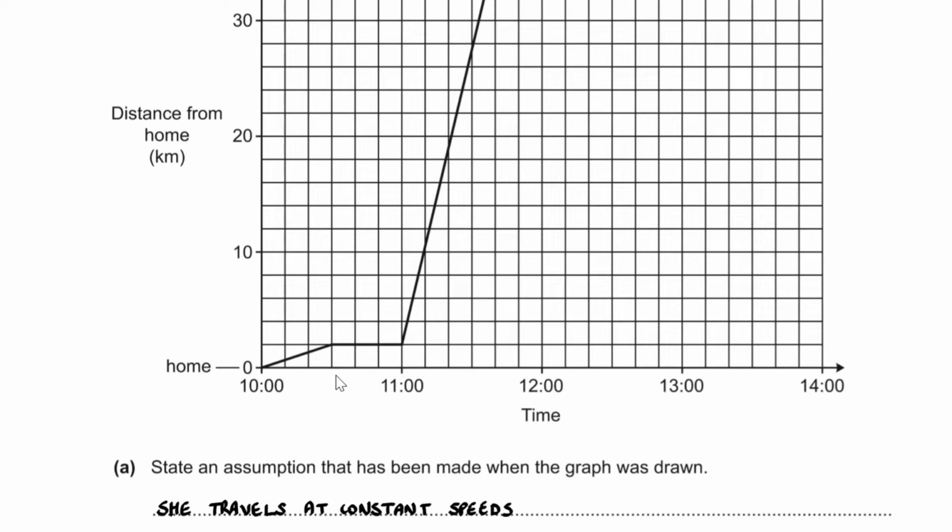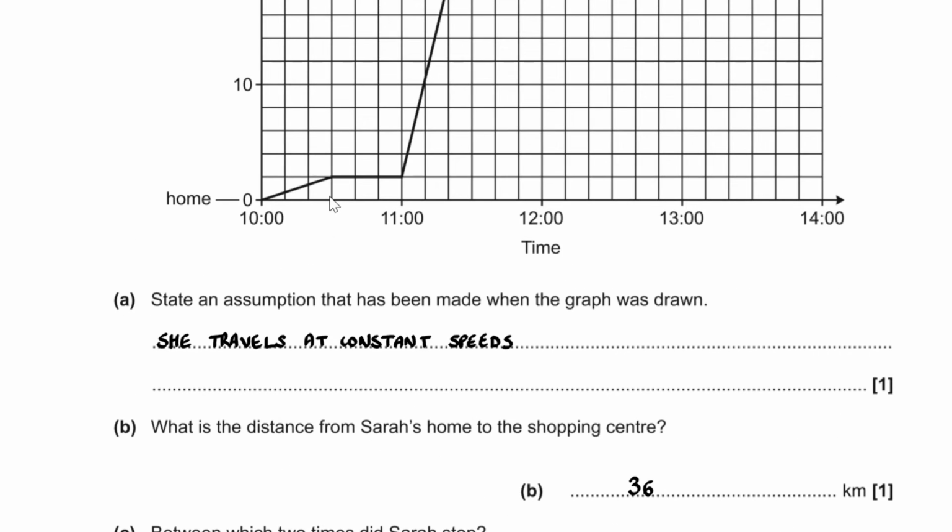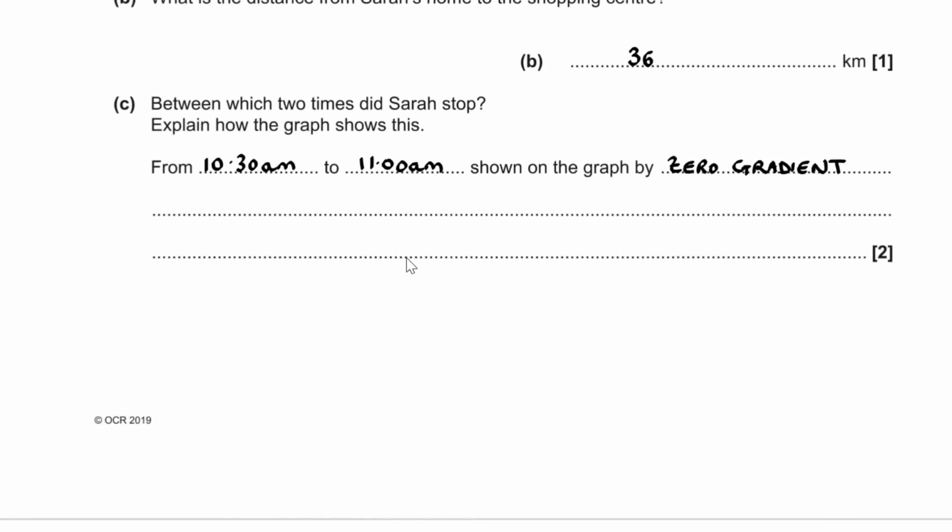So it's in between this time and this time, from 10:30 AM to 11 AM, and the reason for this is we have 0 gradient between these times. We have a horizontal line.